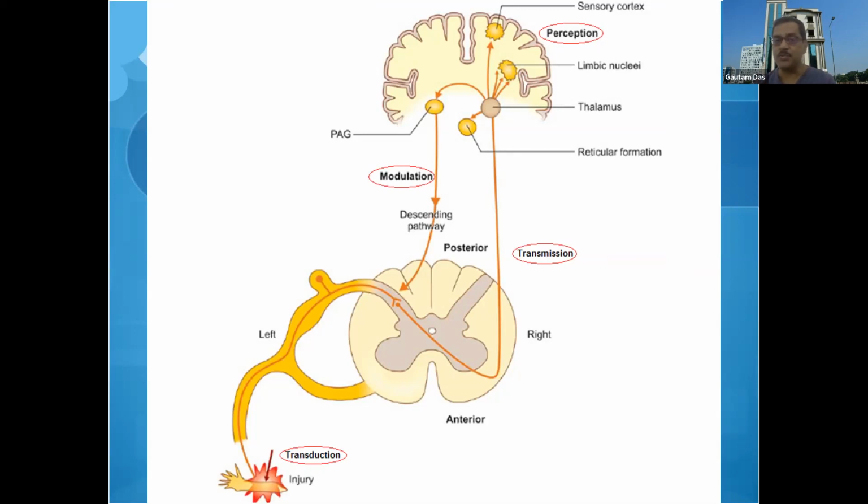Another very important thing to remember is that the antidepressant dose and the pain management dose are not the same. Suppose you are treating pain. I told you I have visited a pain physician. I'm having osteoarthritis of the knee. My pain physician has prescribed me amitriptyline 10 mg. 10 mg might be enough. But suppose you wish to treat a depression patient with amitriptyline, what will be your dose? 10 mg? 25 mg?